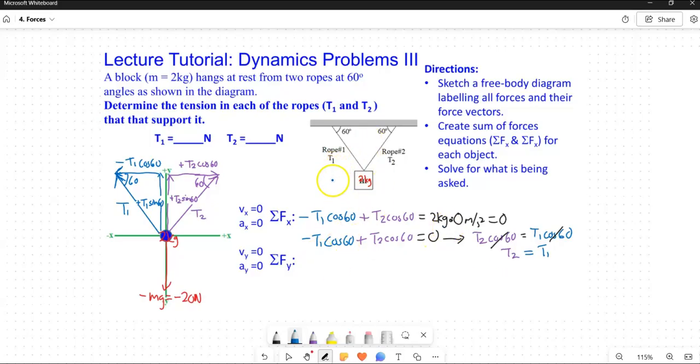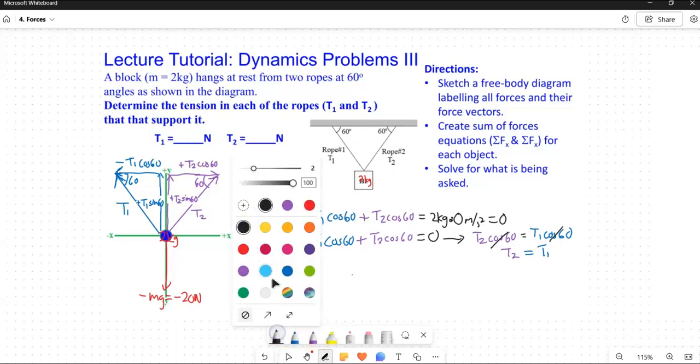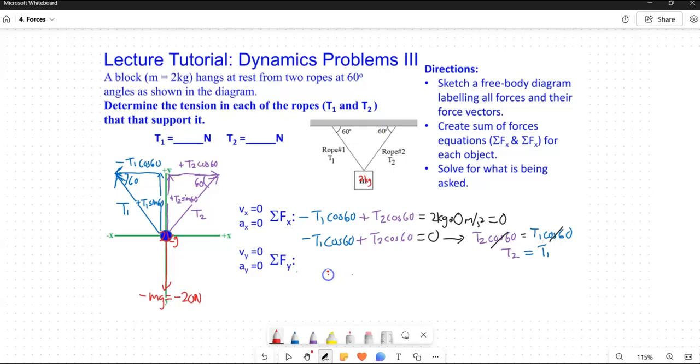And this is a lot like one of your homework problems. Okay, now in the y direction, it's going to be a little bit more intense. Actually, let's start with the weight force.